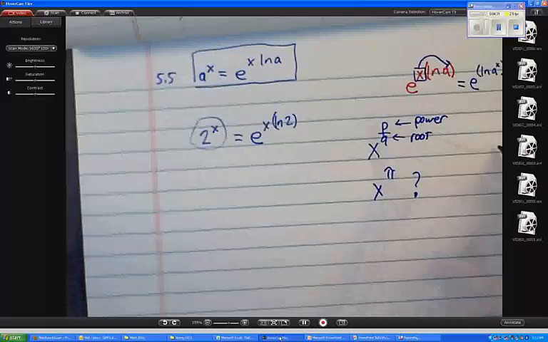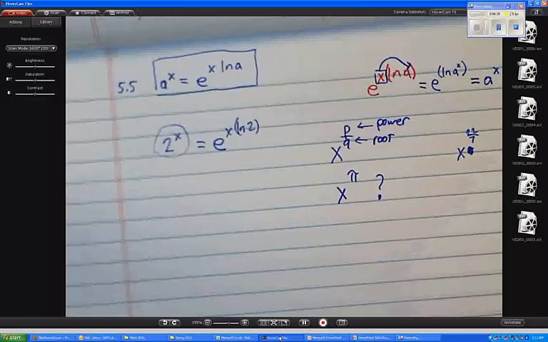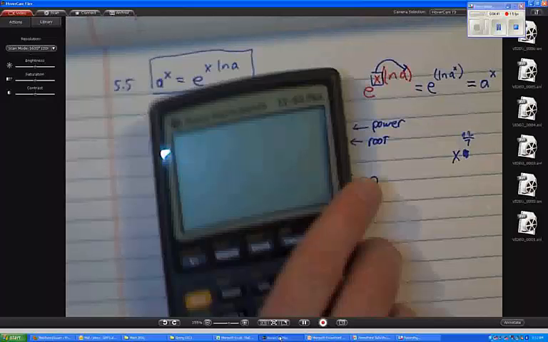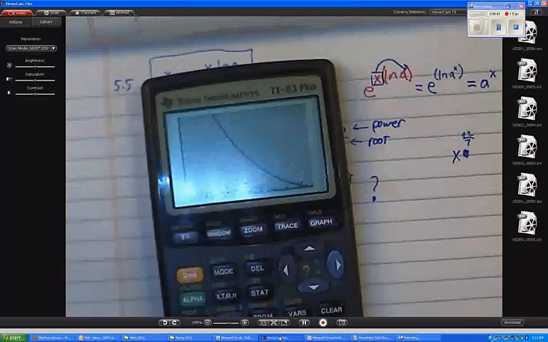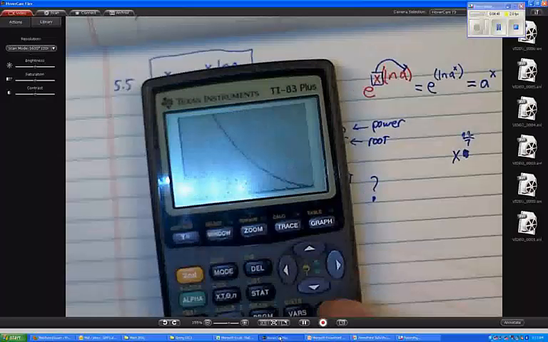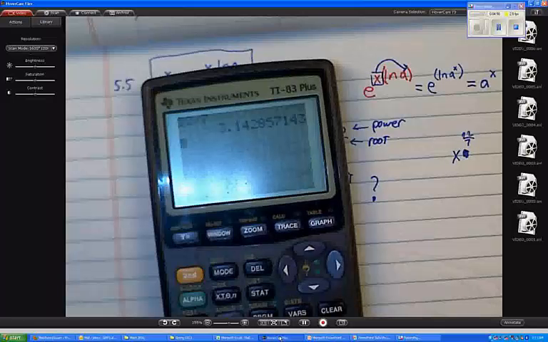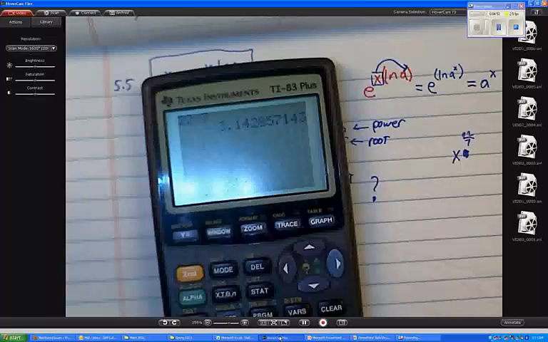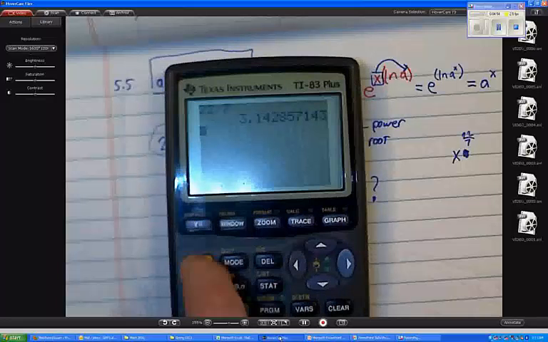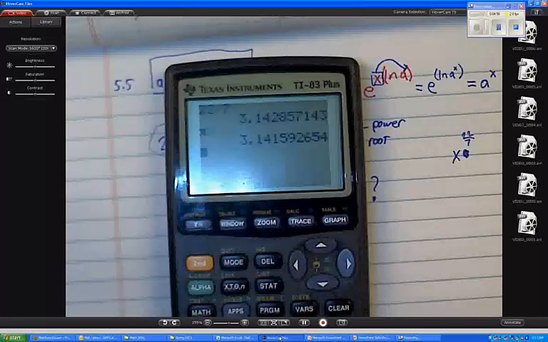I can write this, x to the 22/7 power. Is 22/7 the same as pi? Are you sure? Let's see. Let me clear things out. If I type in 22/7, is that the same as pi? Almost is right. Okay? So they're close, but they're not the same.